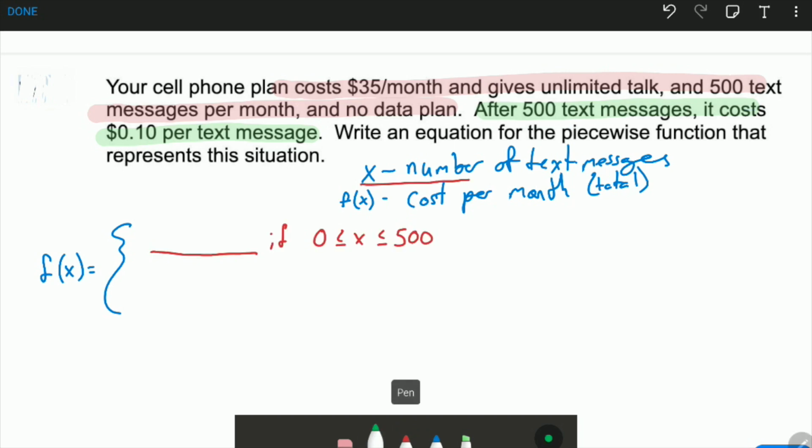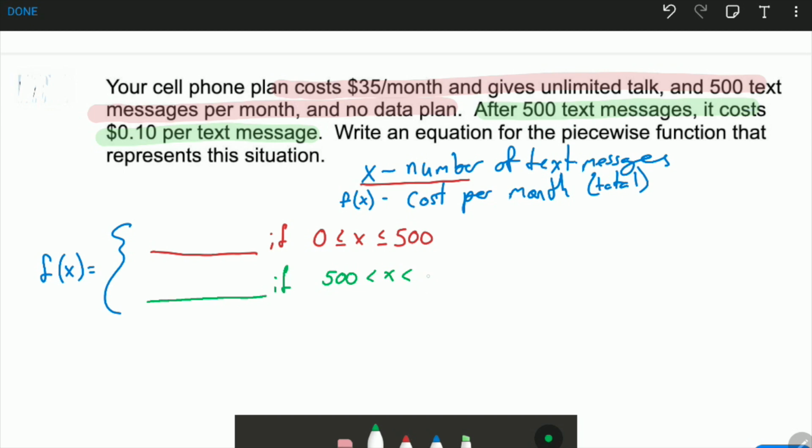The second piece is after we have used our 500s. So the lower bound would be 500 less than x, less than, and there really is no upper bound.